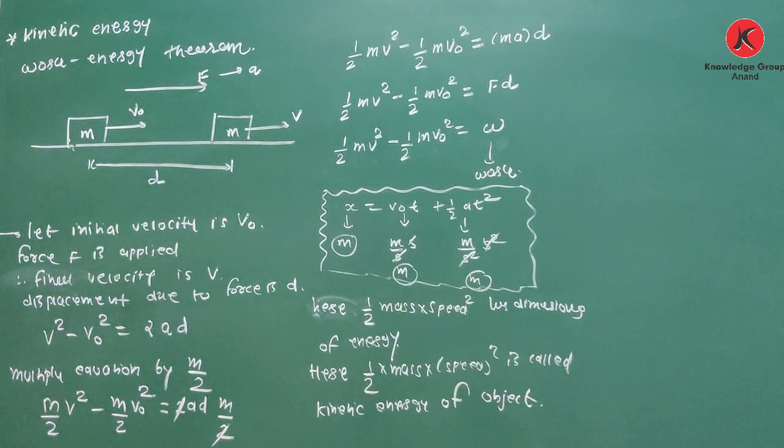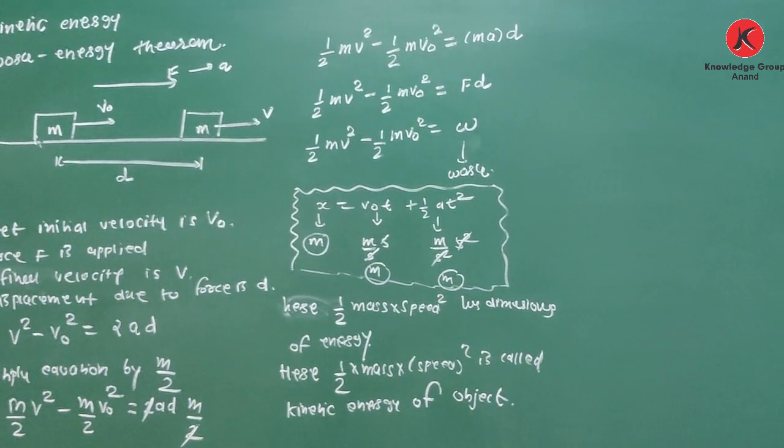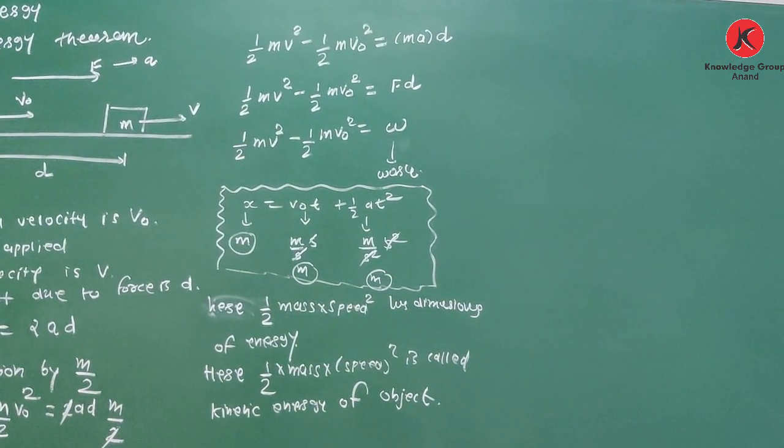Half mv square, v that is final speed. So what is half mv square and what is half mv0 square?